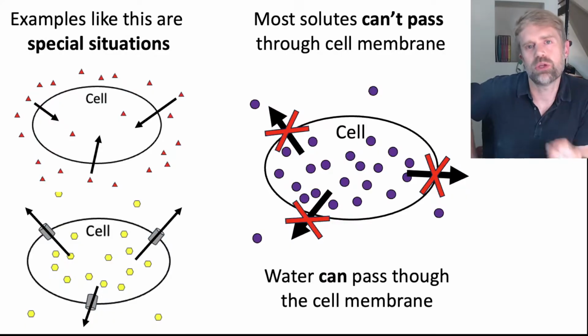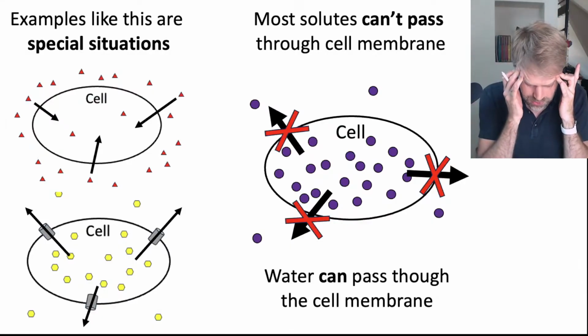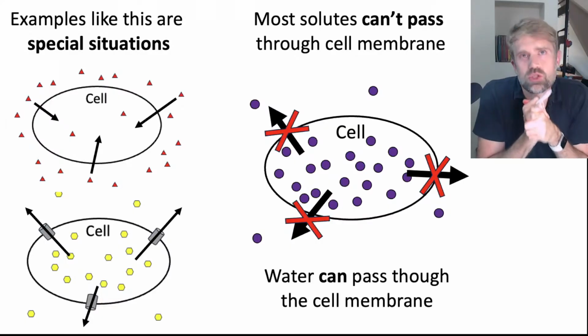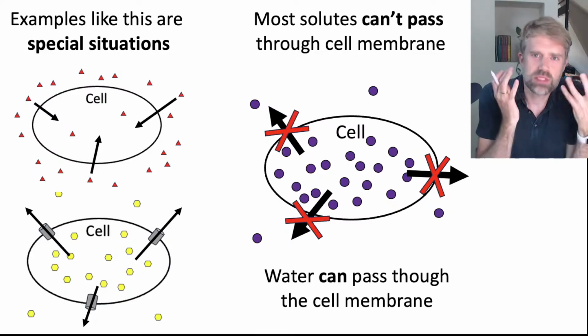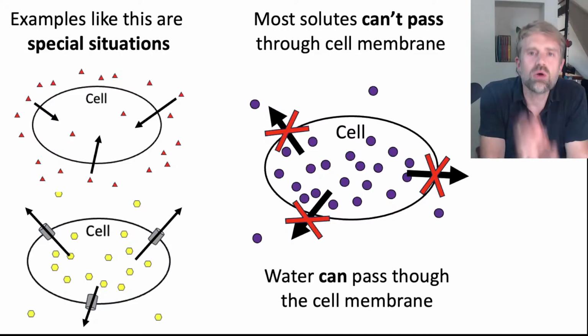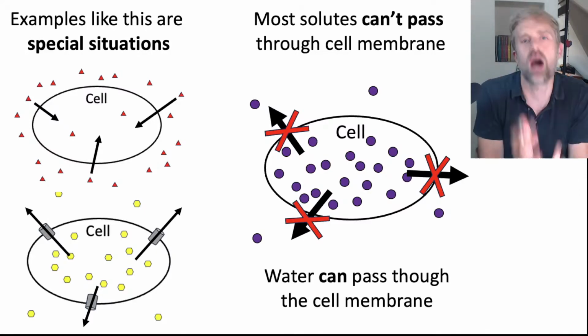Most of the solute inside cells cannot come out. And that's something that people don't understand. And one of the reasons that osmosis is so tricky is that nobody says this fundamental thing: most solutes in a cell are stuck inside.